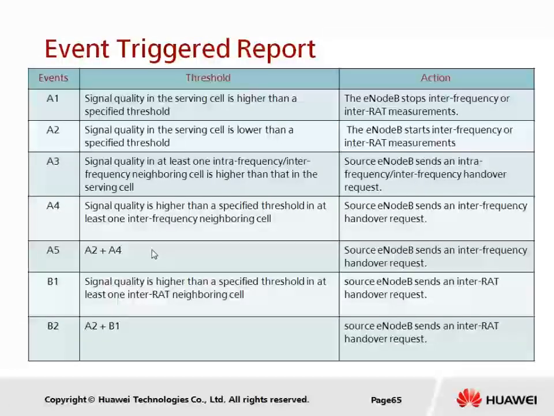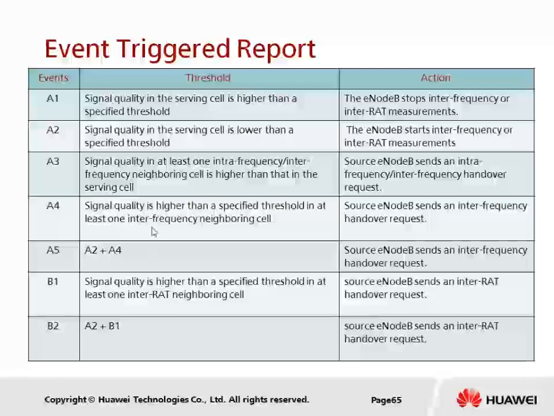Event A5 is event A2 plus A4. That means event A5 simply means the serving cell signal quality is worse than a threshold, and the signal quality of an inter-frequency neighbor cell is greater than a specific threshold. So A5 is more strict compared to A4, but they are all used in a similar handover type.